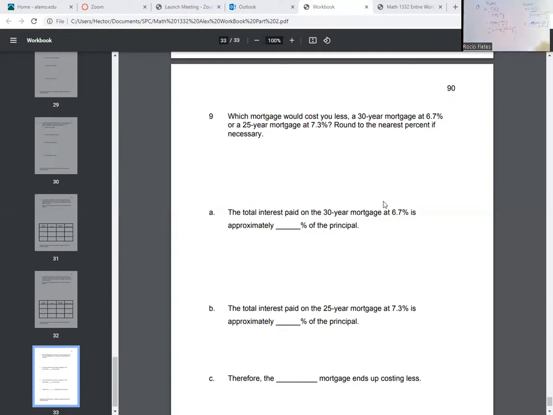You could have used 1,000, it doesn't really matter, but this is more realistic. So if the amount is not given, you can make up a number for this problem.